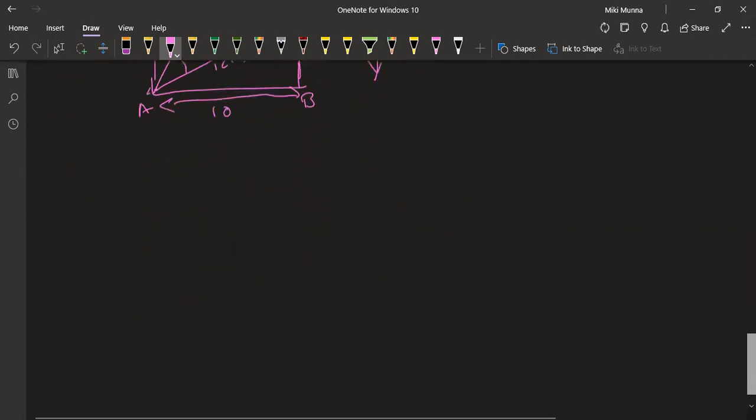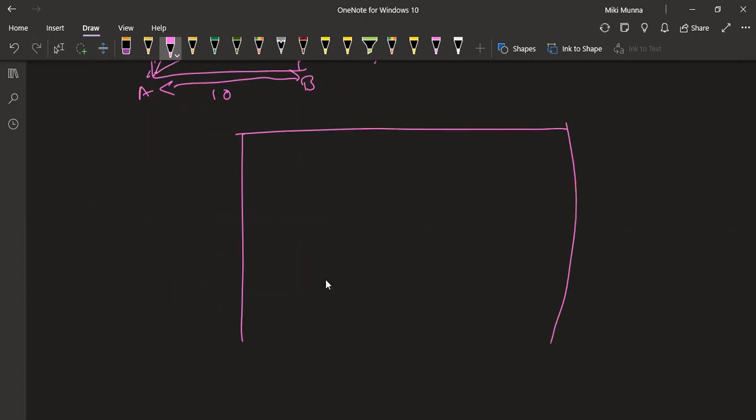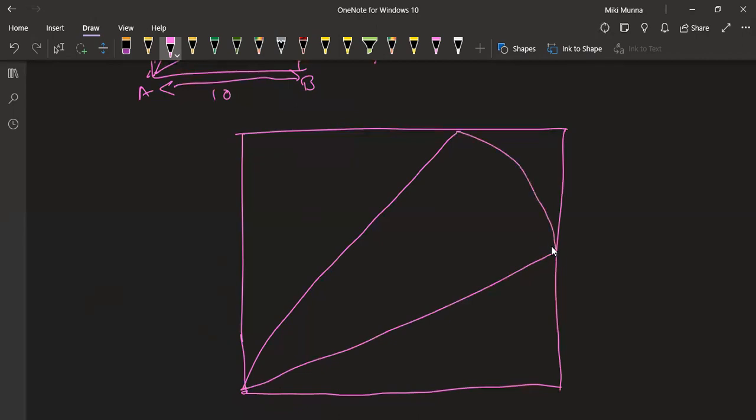Let's draw this again in a bigger way. Let's say this is our square. This is our given square. Very sorry for the drawing. This is our sector. Now, these are equal in length, isn't it? 12.5, 12.5.